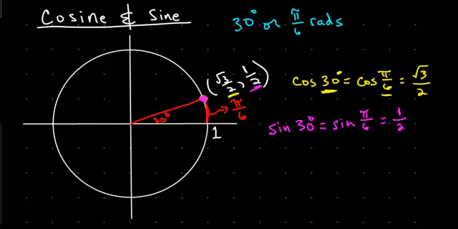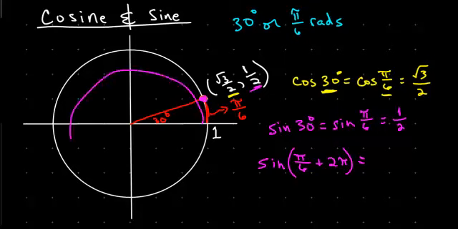And also note that if we look at the sine of pi over 6 plus 2 pi, well, that 2 pi just takes me a trip all the way around the circle, and then I go to pi over 6 again, so it's going to be the same thing.